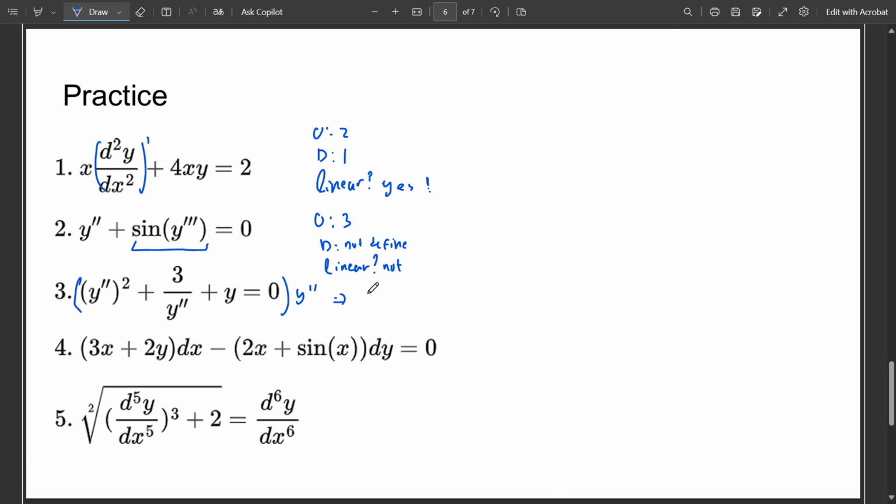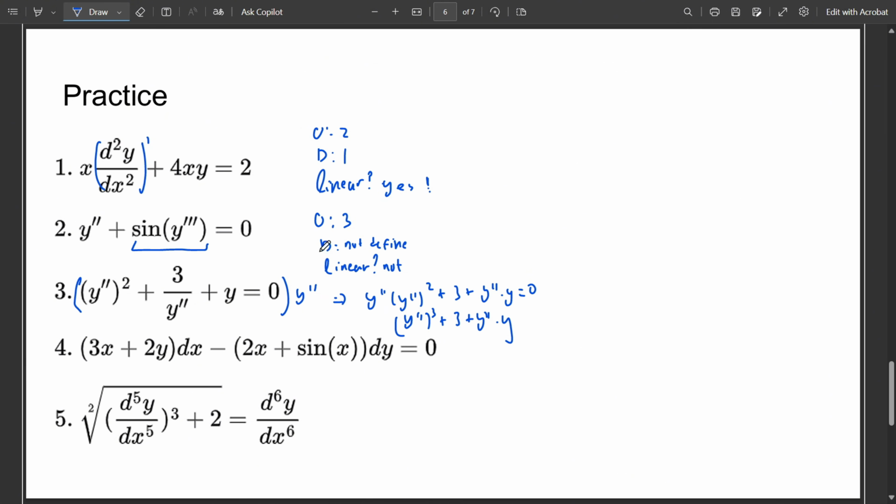So we have y double prime times y double prime squared plus 3 plus y double prime times y is equal to 0. This is y double prime, not triple prime, sorry. So we can combine the power here: y double prime cubed plus 3 plus y double prime times y.